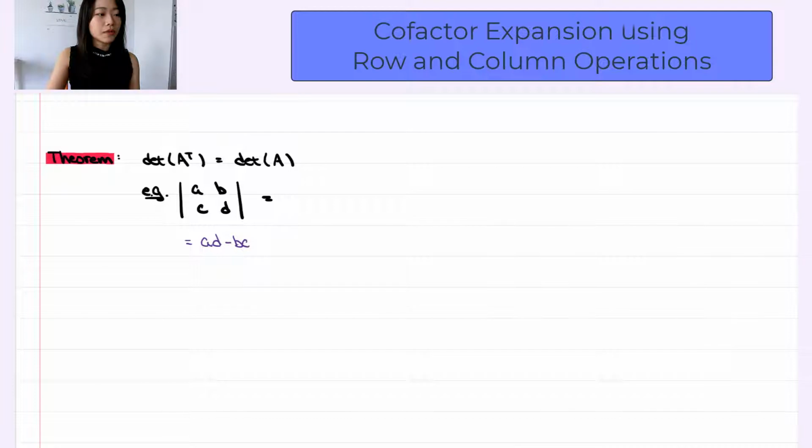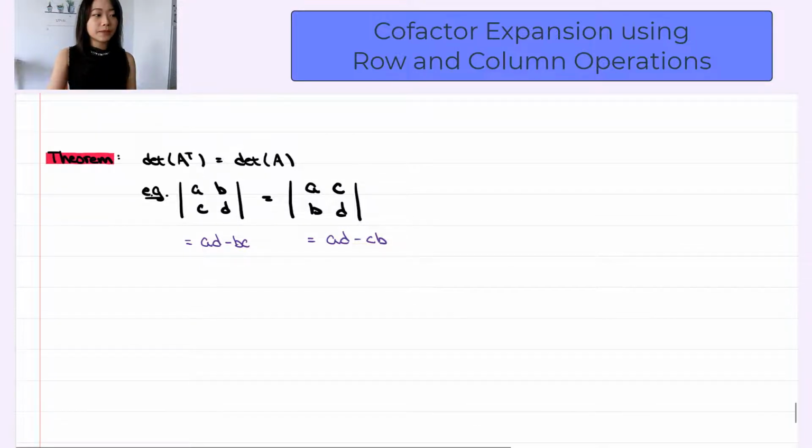And from the theorem, it should equal the determinant of its transpose, which is a, c, b, and d. This equals a times d minus c times b, which equals the original determinant.